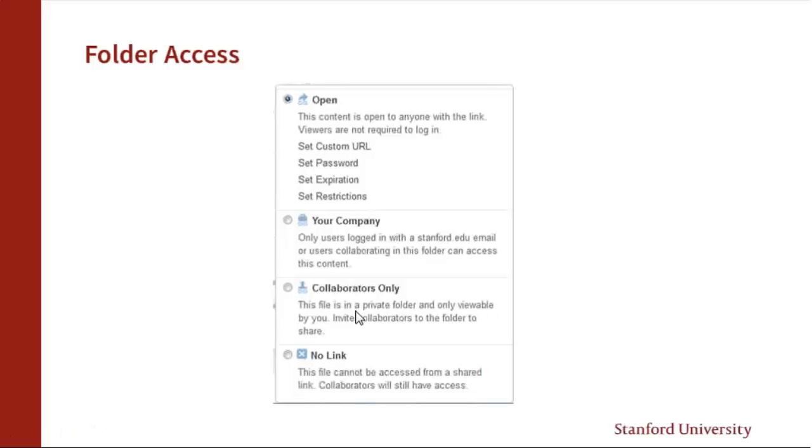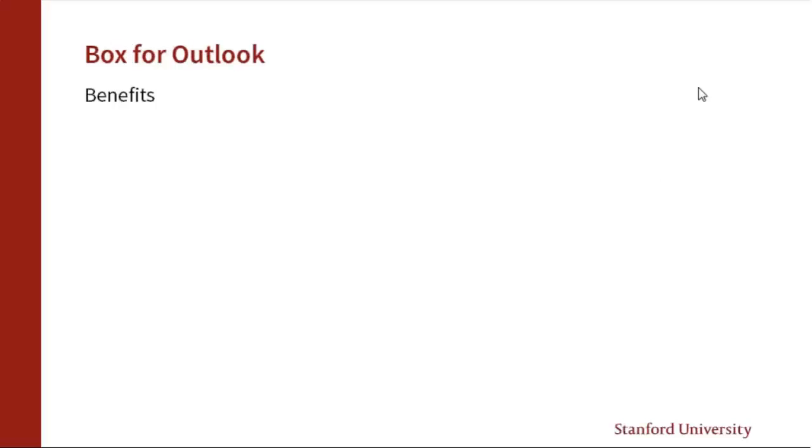This means only the people that you specifically set as collaborators can get that link. And then no link means there's no link at all, but the collaborators are the only ones. There's no link to pass around or anything like that.